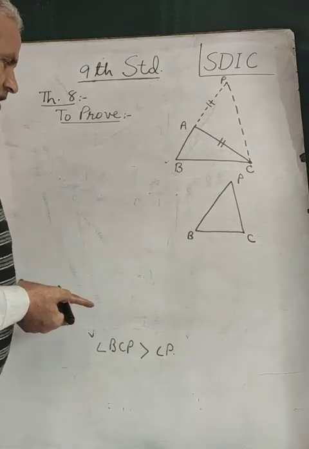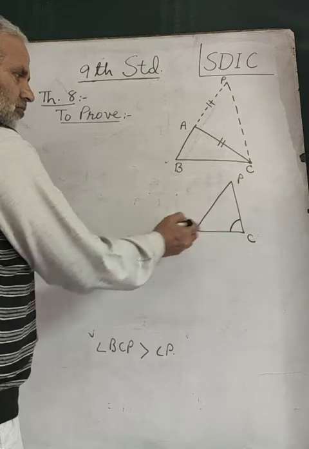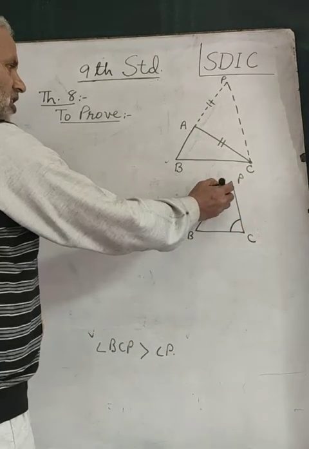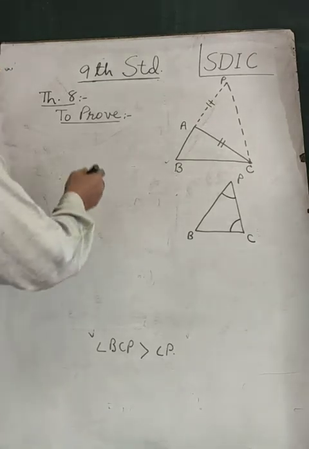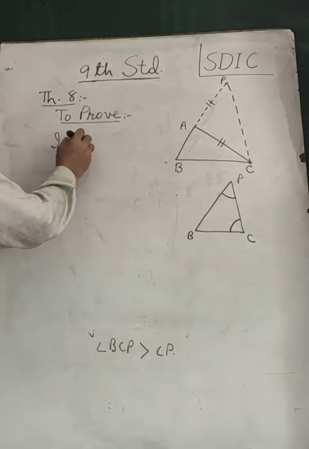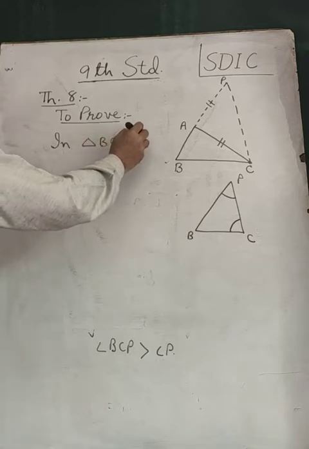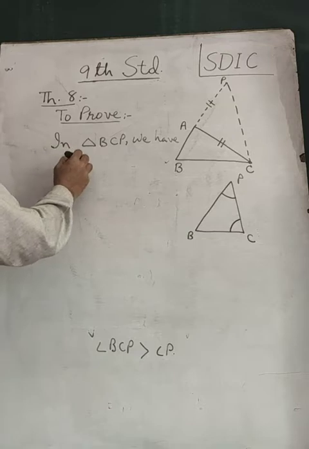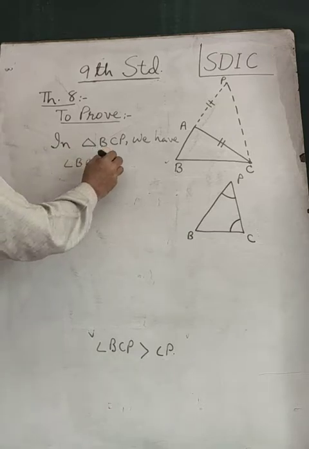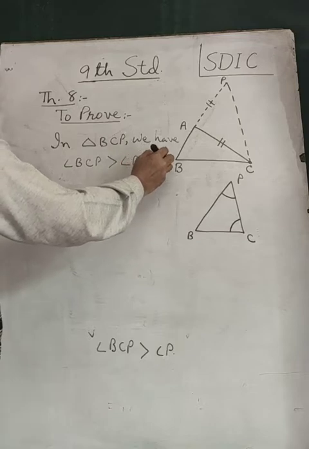Out of its three angles, we have the relation between two. Angle BCP is this one. We know it is larger than angle P, so these two angles are involved. You write in triangle BCP, we have angle BCP is larger than angle P. We have just now proved it.